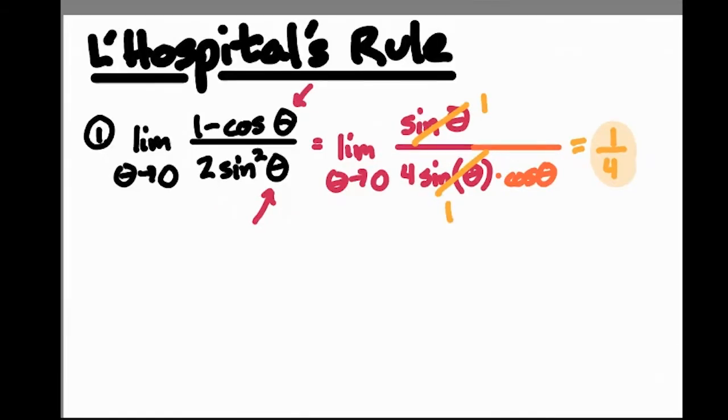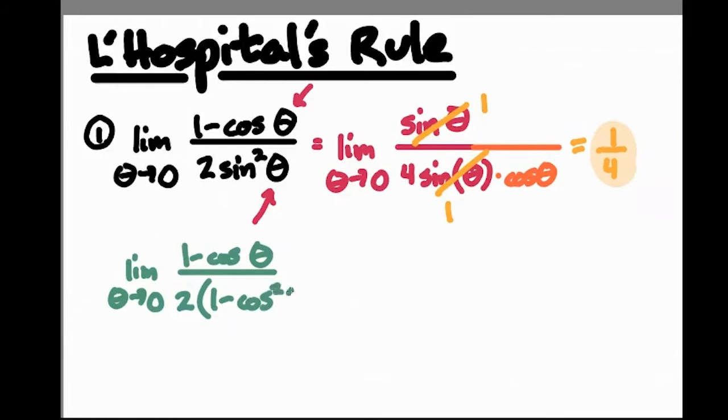What I'm going to do now is, just because I think I can do this, I'm going to try to break this down using trig properties. But what's great about this is if you forget trig properties, you don't have to write this down if you don't want, because this might be a huge embarrassing failure. But maybe not, I don't know. So this is going to be 2 times 1 minus cosine squared theta.